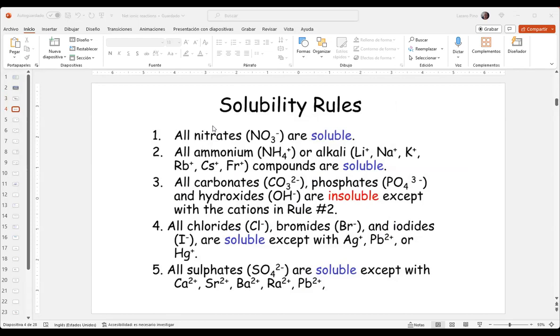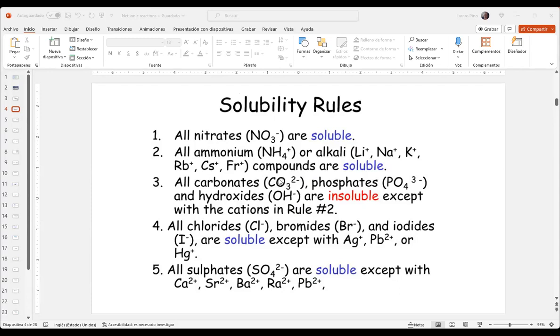Let's see what the solubility rules are. Well, all nitrates are soluble. All ammonium or alkali metals like lithium, sodium, potassium, rubidium, cesium, francium make soluble compounds.